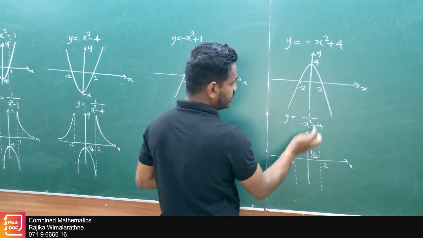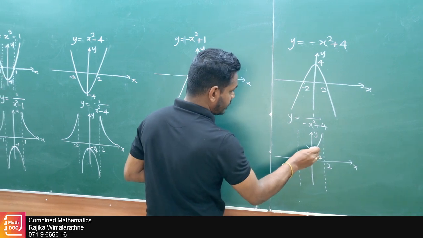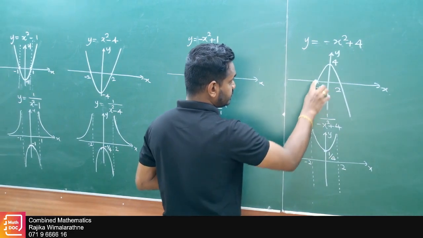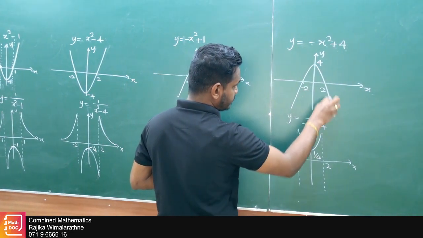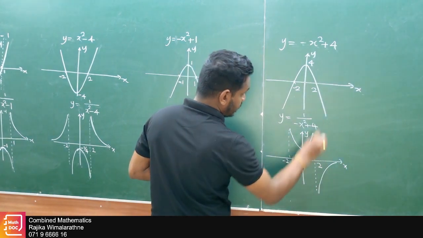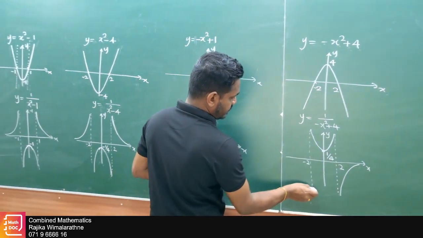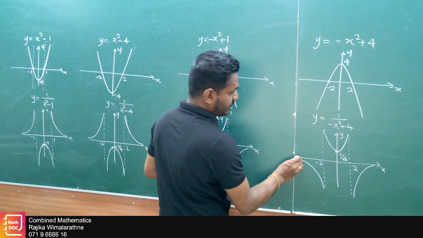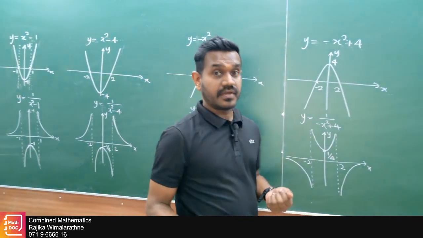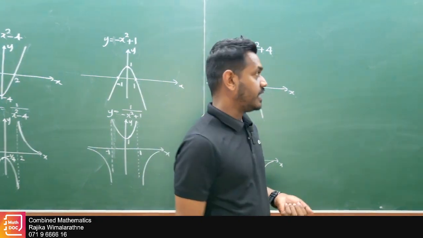Here positive region, plus infinity. Then here negative, minus infinity. Infinity goes to 0, 0 goes to infinity. Likewise, we can sketch reciprocals of quadratic functions.